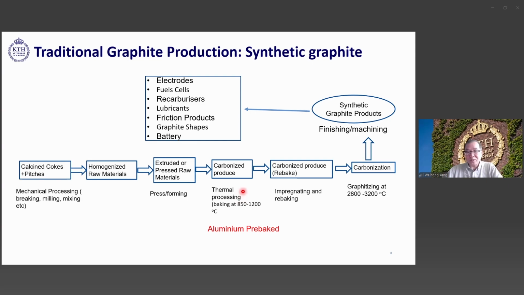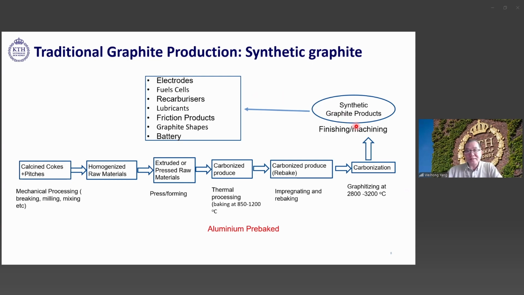If we want to go further for battery applications, with high-quality, highly graphitized graphite, you go to the next step, graphitization. You increase the temperature to 2,800 up to 3,000 degrees, and in principle you have to hold this temperature for more than 3 days or 1 week. Finally, you get graphite for different applications, either electrodes, fuel cells, or batteries.